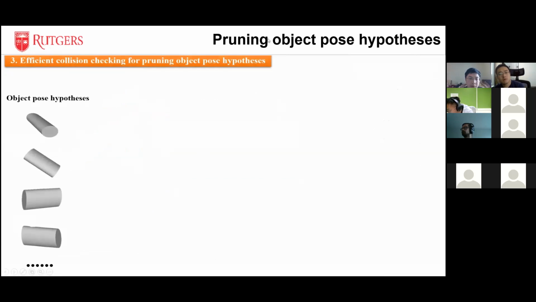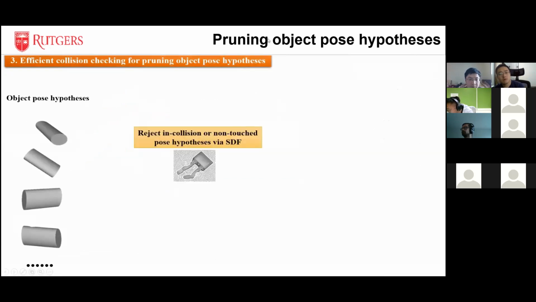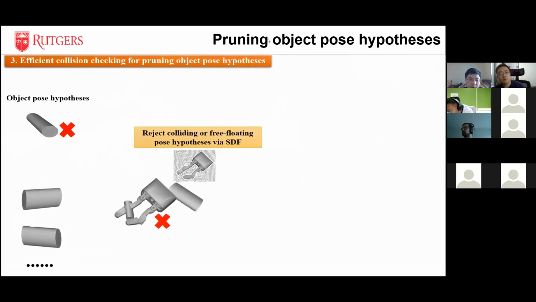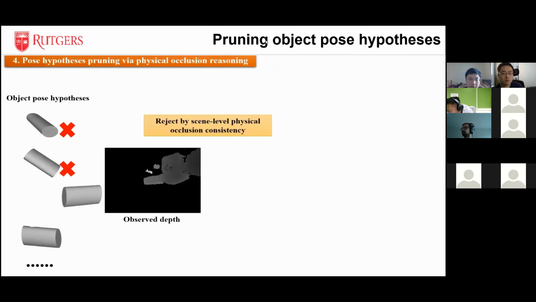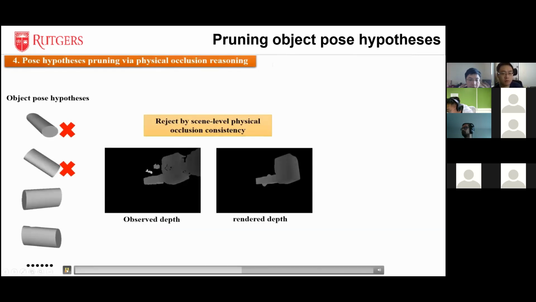For the remaining part, we are using the signed distance field to prune those false positives. The rejection could be due to collision or some objects floating in the air. Also, the depth data is actually 2.5D.